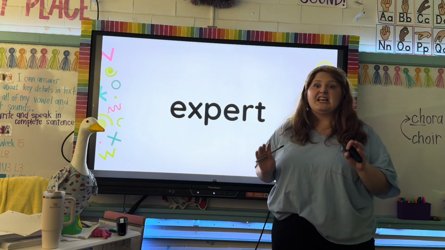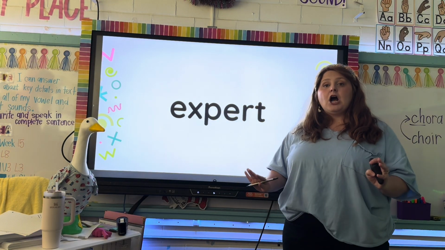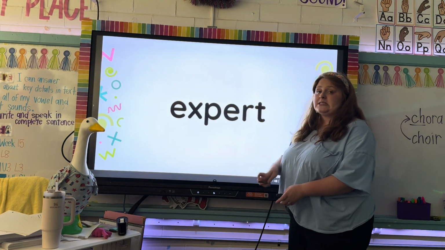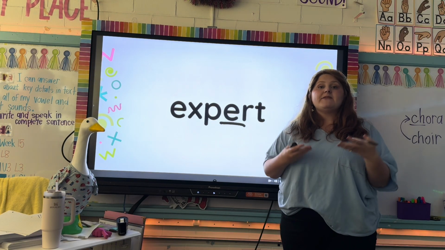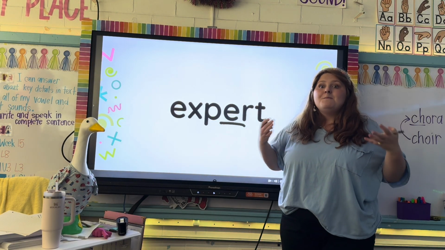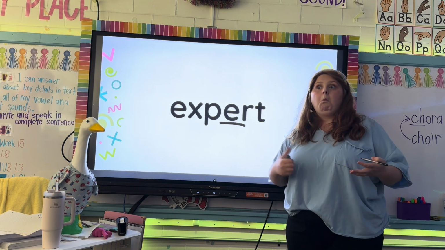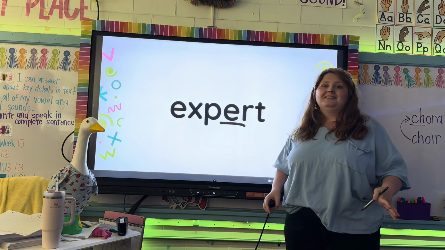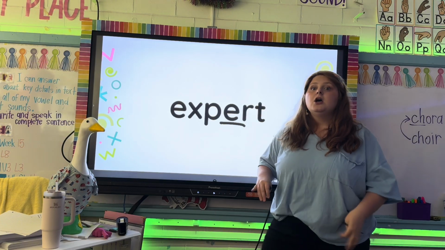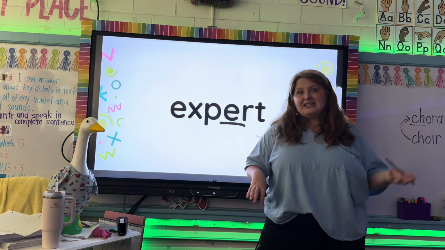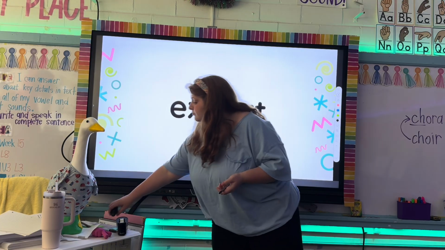My next word is expert. Now, my R control is not at the end. It's in the middle of a syllable, right? But how am I spelling it still? E-R. All of our R words this week are spelled with an E-R, okay? We're gonna syllabicate, and then we're gonna segment each syllable, okay?